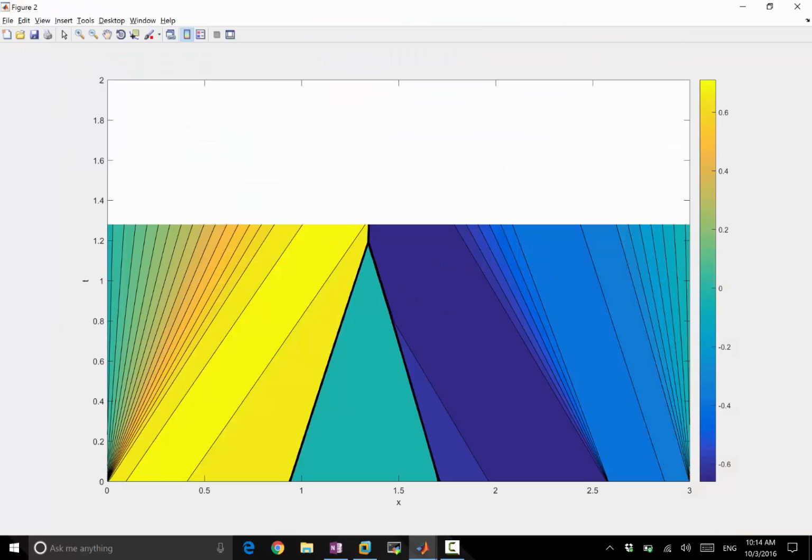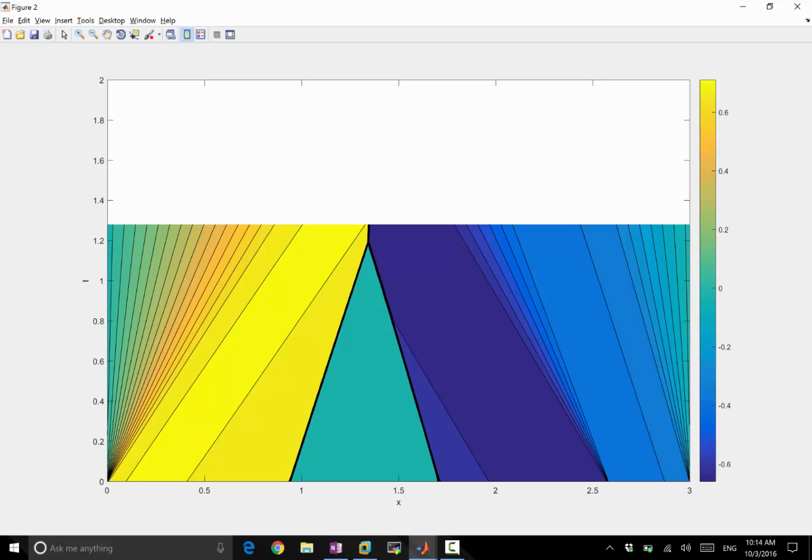Let's look at this to see if that's the case. When u is positive, I get right sloping contours. When u is negative, I get left sloping contours. And when u is almost 0, towards here and here, I get vertical contours. The more negative u gets, the more leftward sloping I get. The more positive, the more right sloping I get.